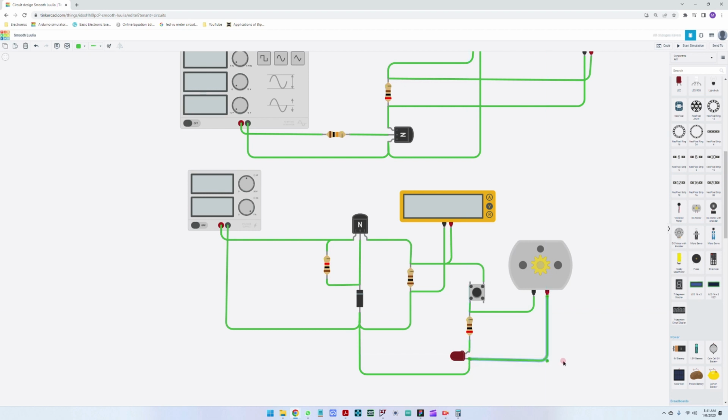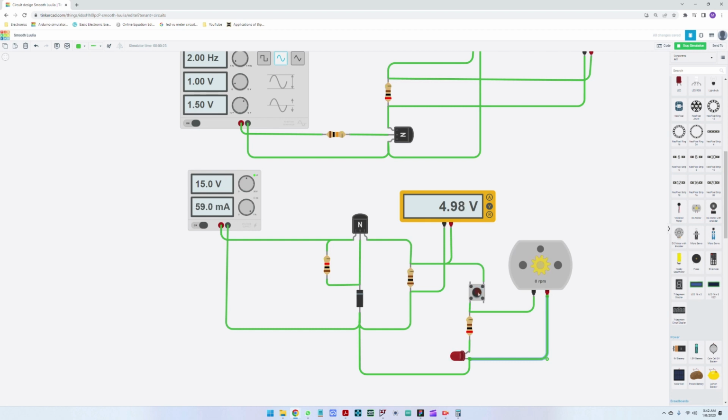So we make sure that we have current flowing through this in parallel with the resistor and the LED. And let's start. 58.9 milliamps, 0 RPM on the motor, 0 current through the LED. We press this, 150 milliamps, 152 milliamps. The motor is switching, the LED is turned on.